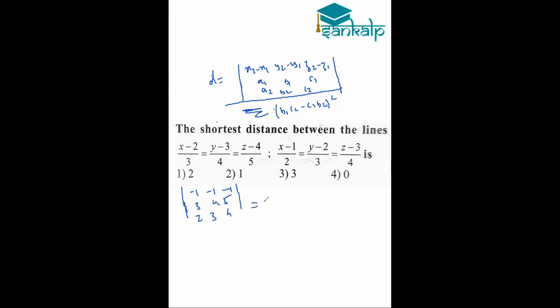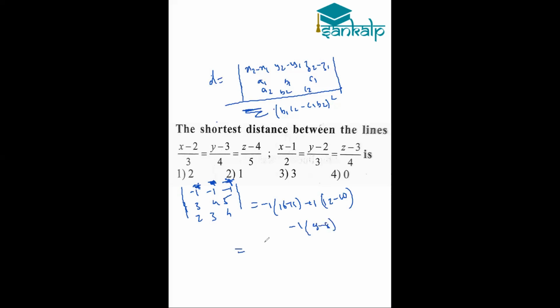So when you expand and simplify this, with signs plus minus plus. On simplifying it further, we get -1 into 16 minus 15, plus 1 into 12 minus 10, and minus 1 into 9 minus 8.